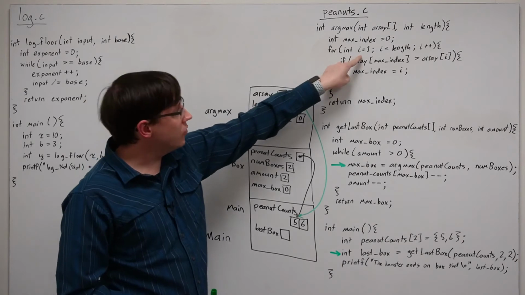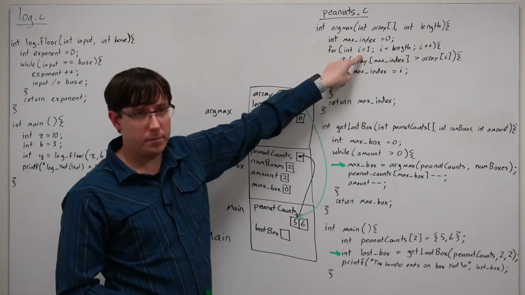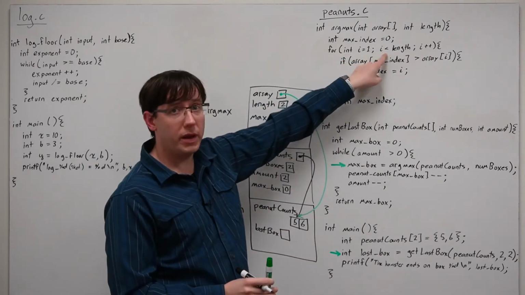The for loop initializes I to have the value 1, then checks the loop condition.